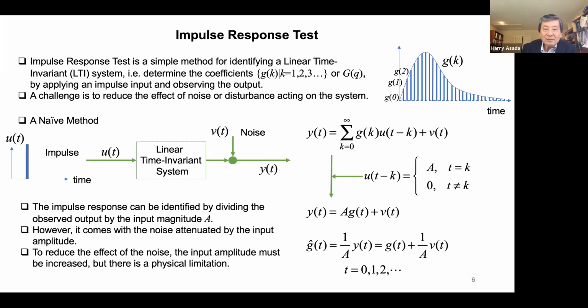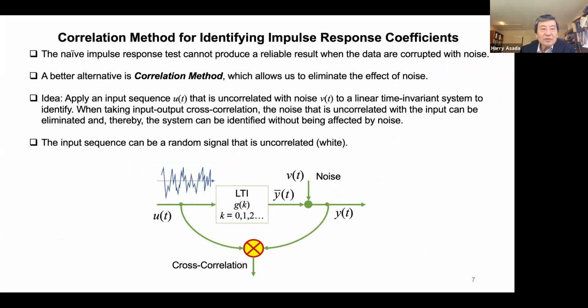And here's the clever technique. It's called the correlation method. Okay, correlation method. This better method is basically a way to eliminate the effect of noise. The idea is the following.